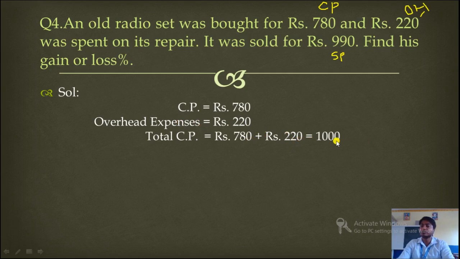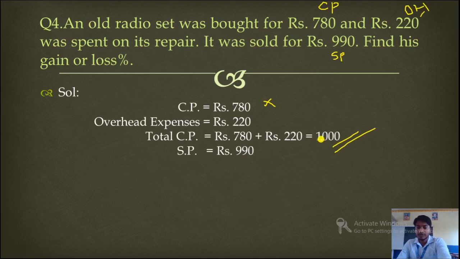When we add, we get 1000. Now we have to see this cost price, because this is the total cost price after adding overhead expenses with CP. Selling price is given 990. Clearly you can see this 1000 is greater than 990. The cost price is more than the selling price, and that means there is loss.